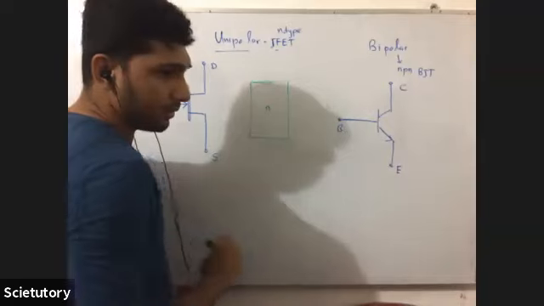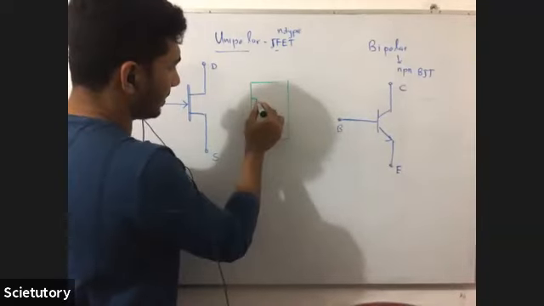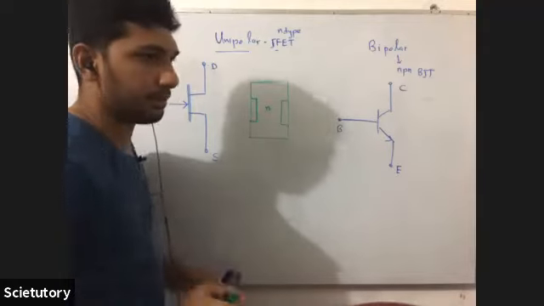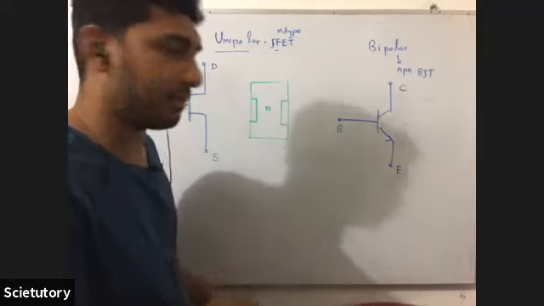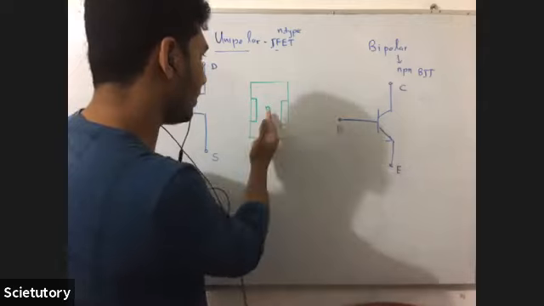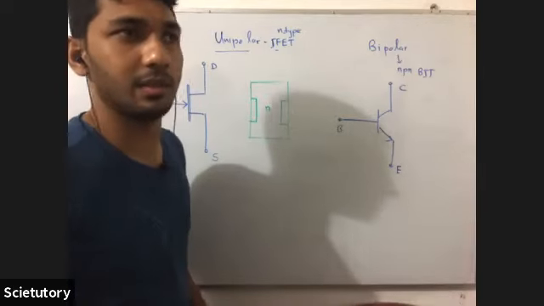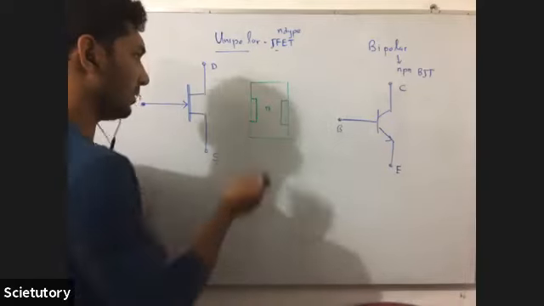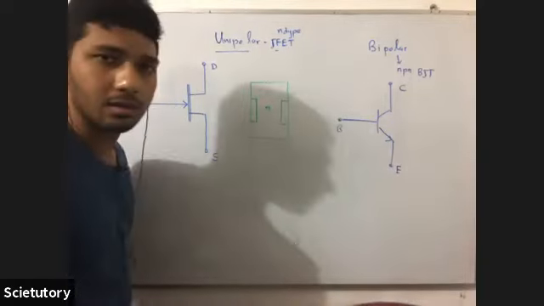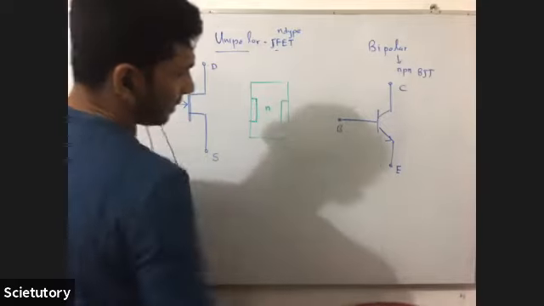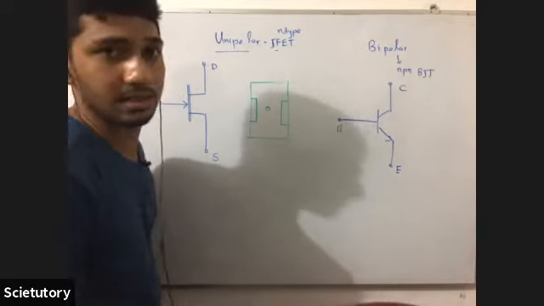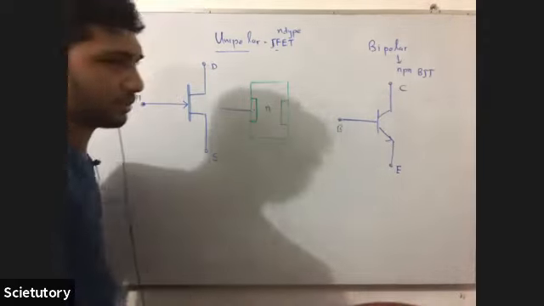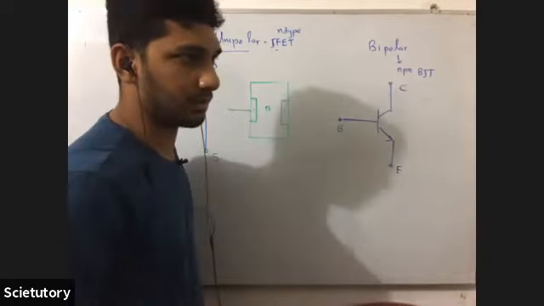After that, you create P-type around this N-type, so it's like a ring. When you take this longitudinal section, you see two P areas, but it's actually one.